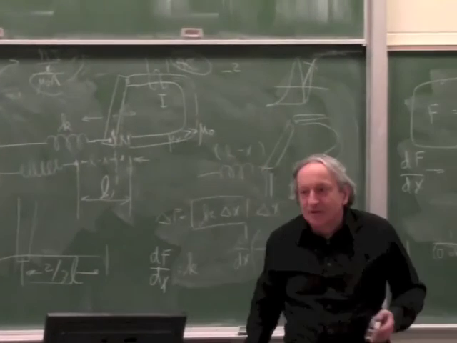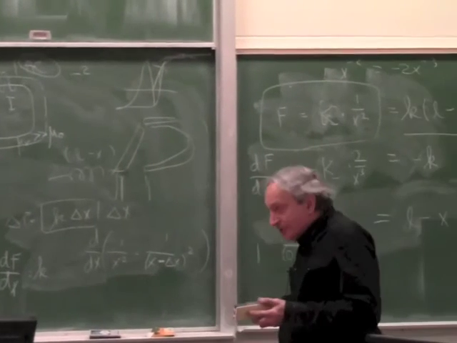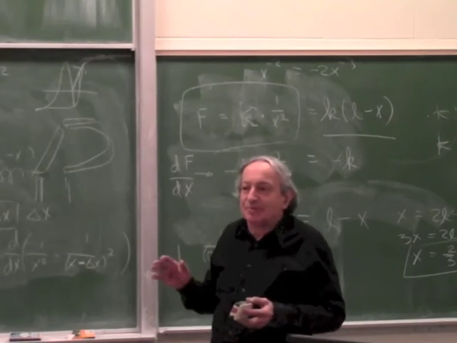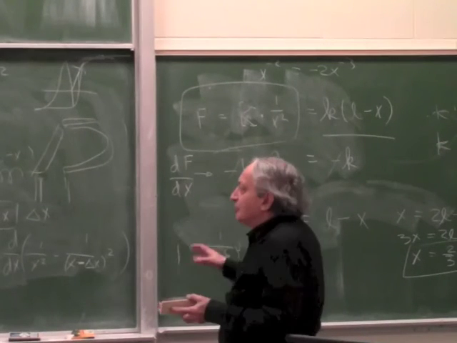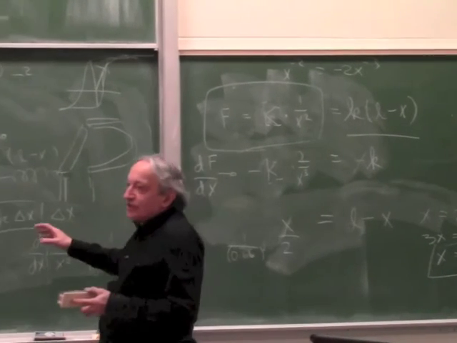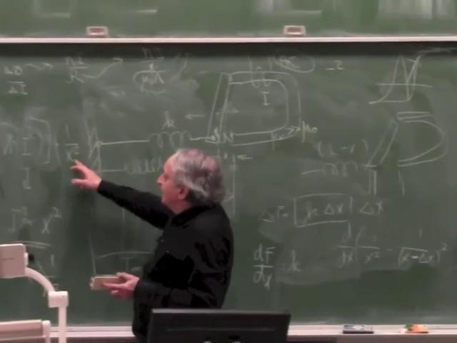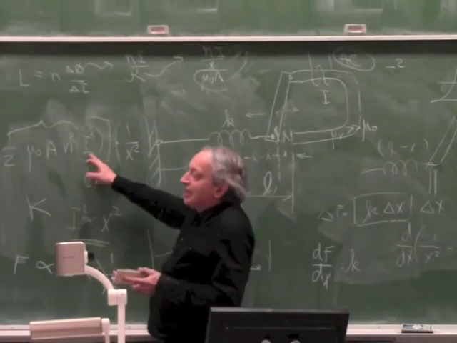Good. So it's not so important that you remember all the derivations, but it's important that you understand the principles. That we derive the forces by taking the derivative of the energy, and you can to some degree counter the x squared behavior by making I change with x.